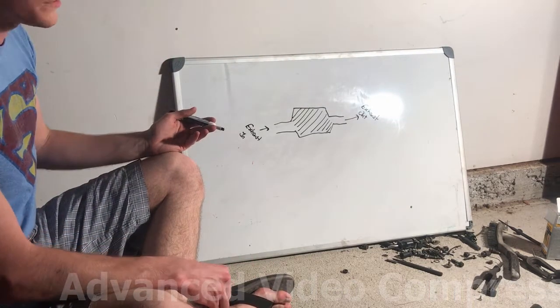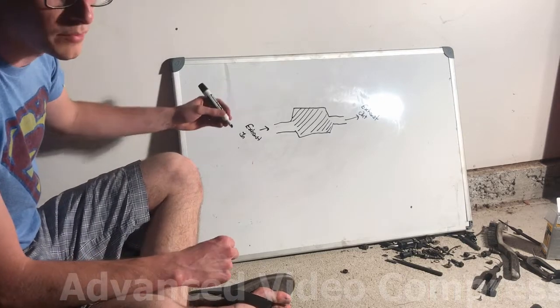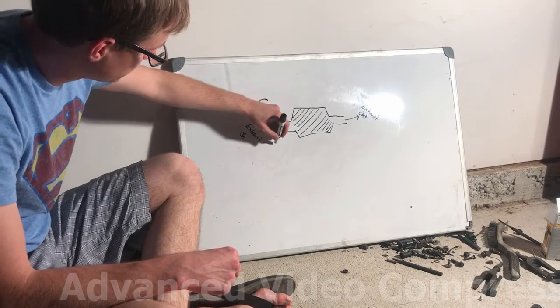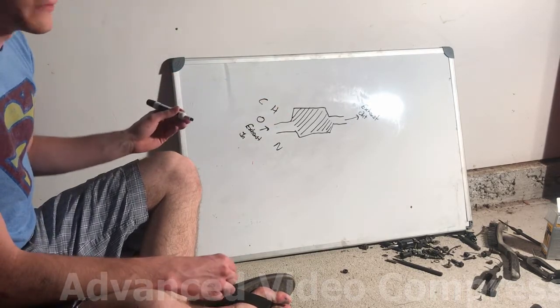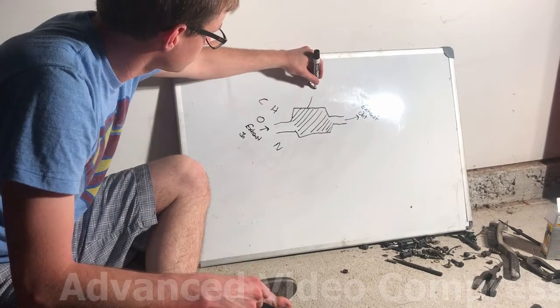Burnt fuel has several different components, and that's going to be part of your exhaust in. These components are carbon, hydrogen, oxygen, and nitrogen. And the goal of the catalytic converter is to actually remove oxygen from this system.